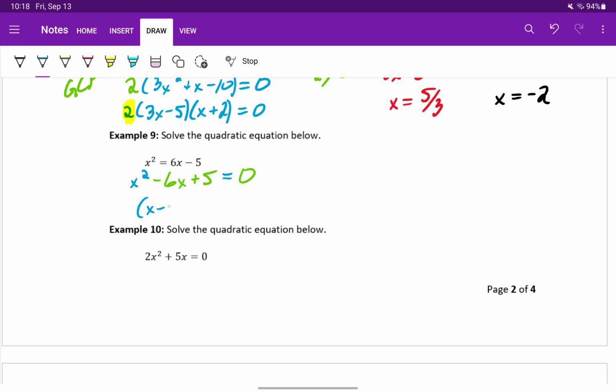And then we have a quadratic equation that we can factor as x minus 1 times x minus 5 is equal to 0. Set each factor equal to 0 and solve those two simple equations, giving us x equals 1 and x equals 5 as solutions.